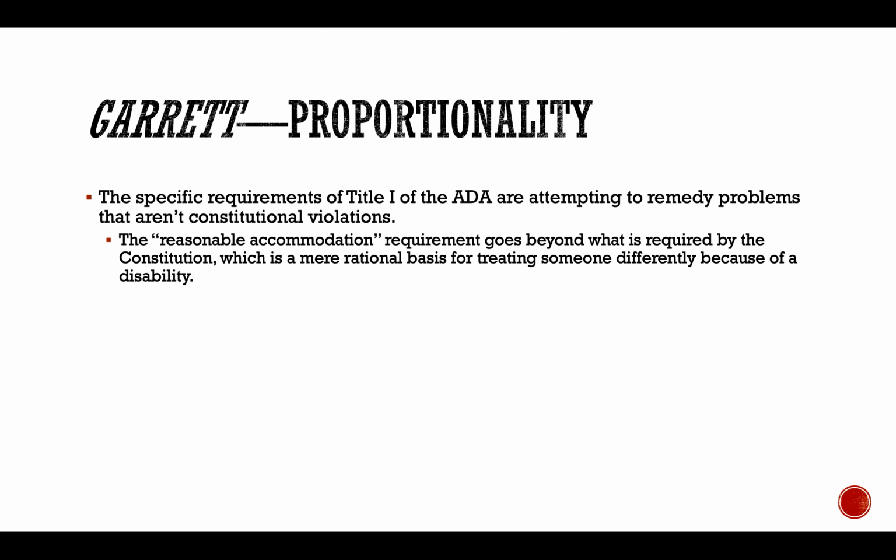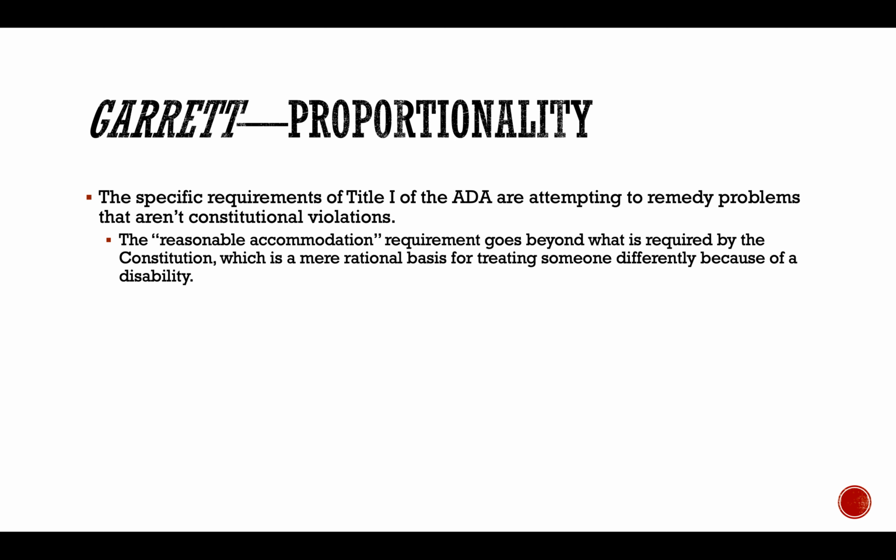But the court here says that this requirement of reasonable accommodation goes beyond what's required by the Constitution, which is a mere rational basis for treating someone differently because of a disability. So not hiring someone in a wheelchair because you're located on the second floor and there is no wheelchair access to the second floor, that's a rational basis for the decision.